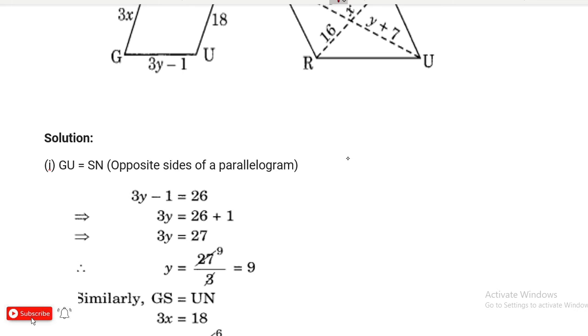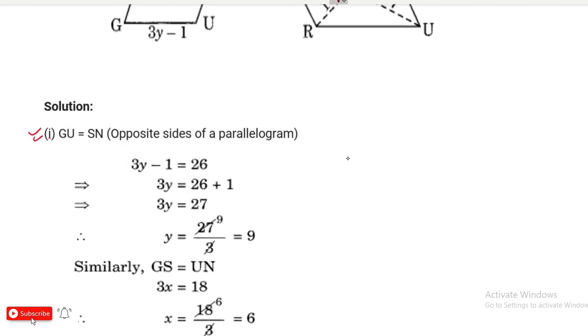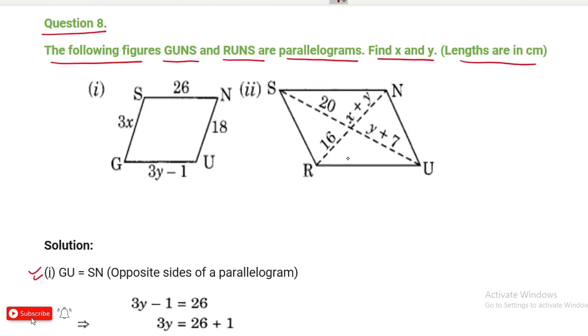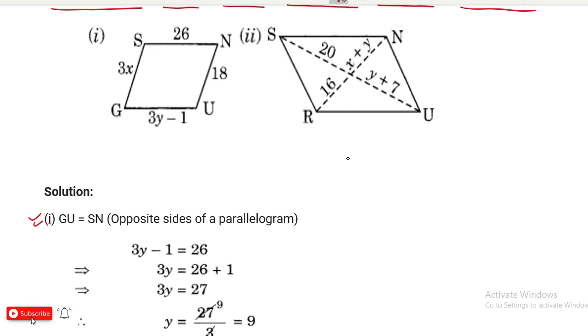Here the first, this is your figure GUNS. So we know that by the property of a parallelogram, GU is parallel to SN and GU is equal to SN.